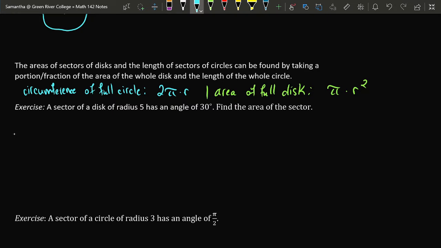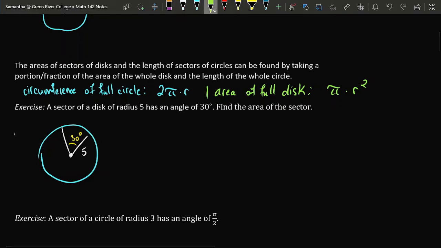So if I were to briefly sketch this situation, we have our full circle of radius 5 units, and at the center of the circle we drew an angle of 30 degrees. And they want to know what is the area of this pizza slice sector that was drawn in this circle by this 30-degree angle.